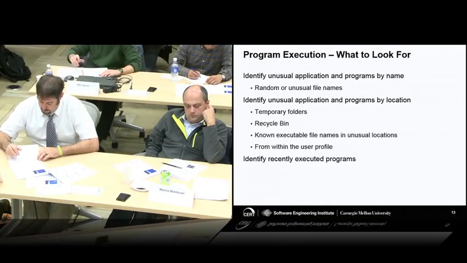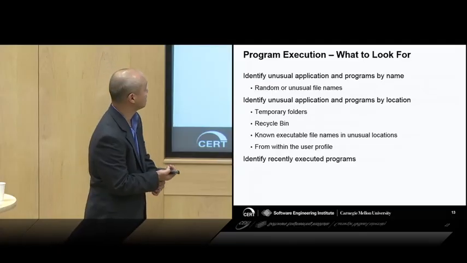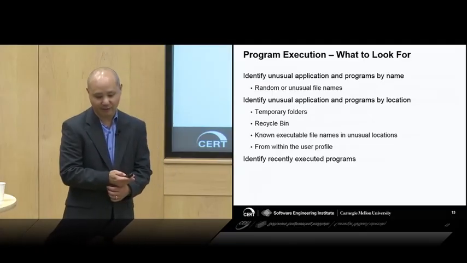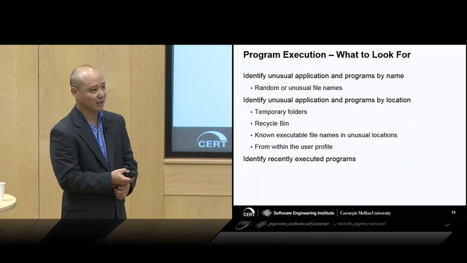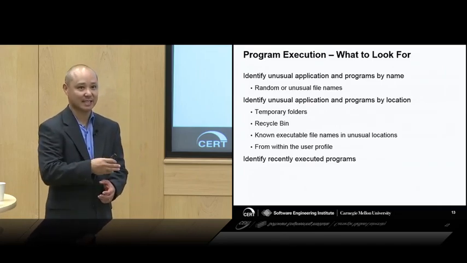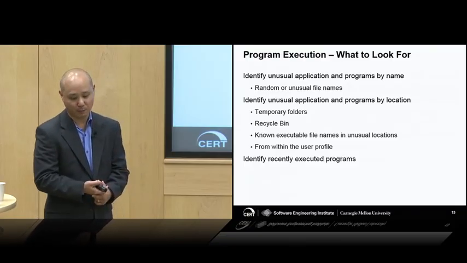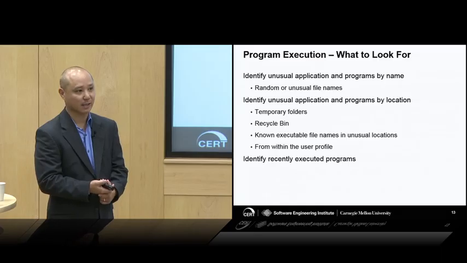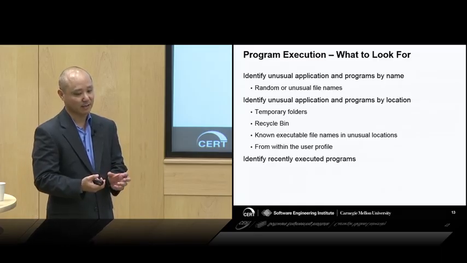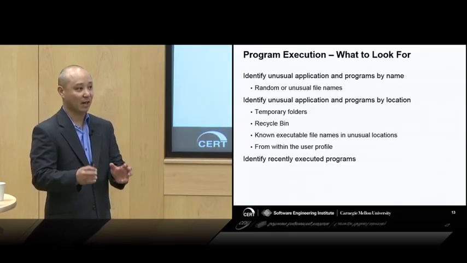Some of them are straightforward, and they look like unusual applications and programs by their names. If they have a bunch of gobbledygook, a bunch of letters, and it doesn't really have a name like application.exe, sometimes that is a sign. Programs that create malicious software don't necessarily pick names, because it becomes a pain on the programming side.